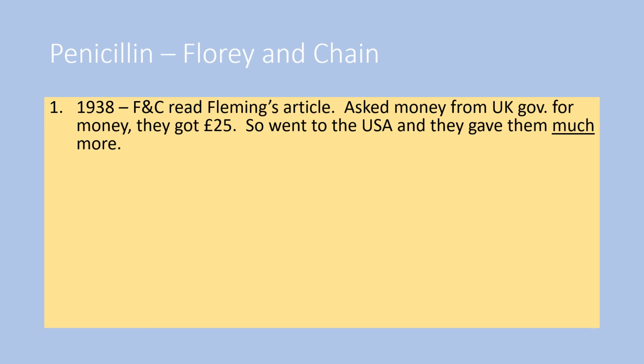They know that a war is brewing in Europe, but they are not interested in taking part. So unlike Britain, who are putting all their money into preparing for World War II, America are not doing that. So the American government are able to give Florey and Chain much more than £25. I think they go into the hundreds of thousands of dollars worth to be able to fund their research.